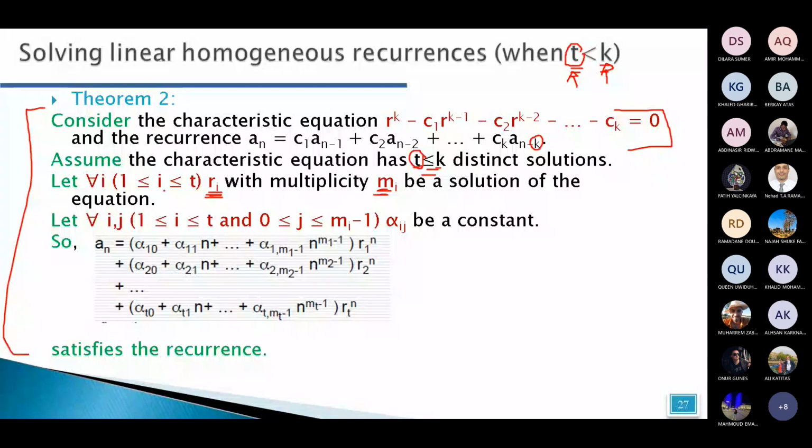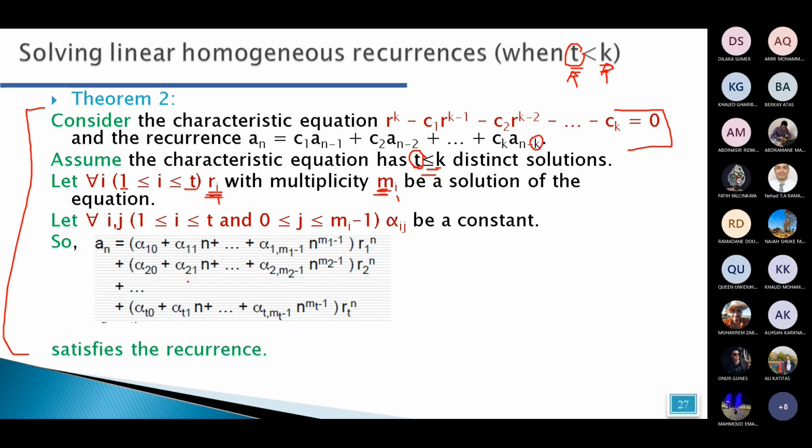If we have more than one solution, from 1 to t, each one has its multiplicity, mi. So for R1, we have multiplicity m1. For example, m1 equals 2 or 3, depending on the multiplicity of the solution R.